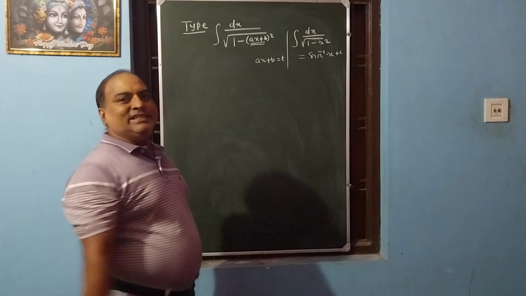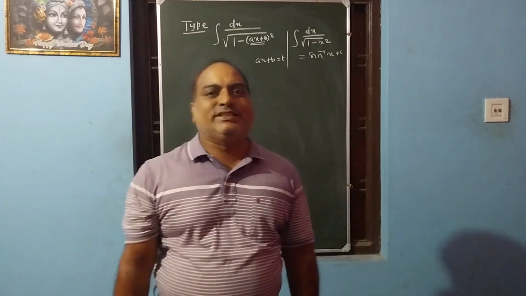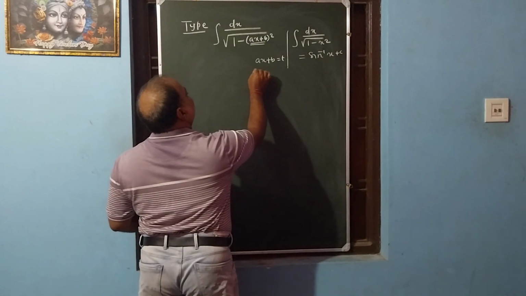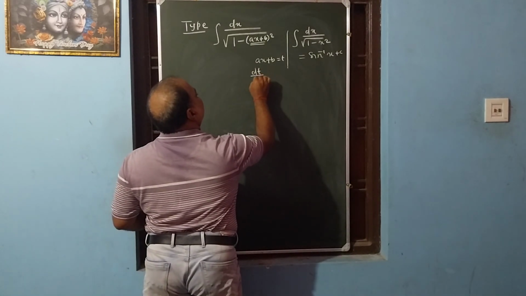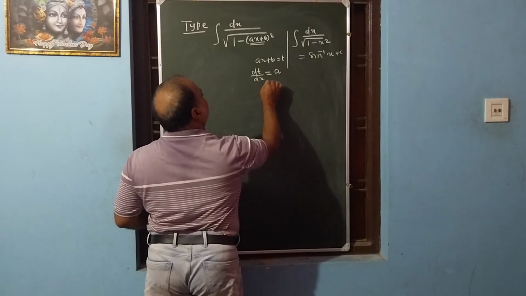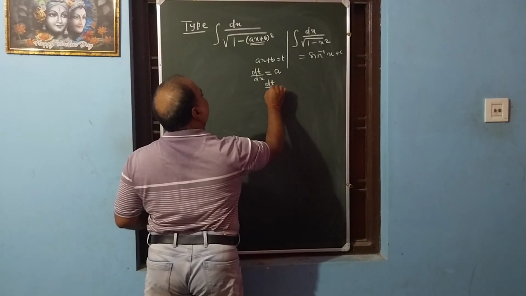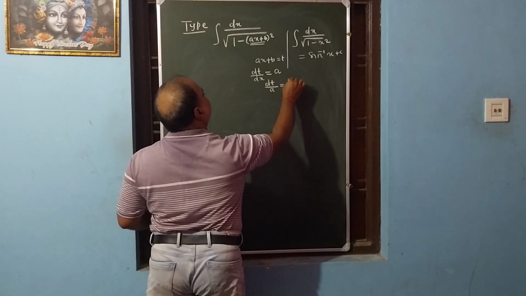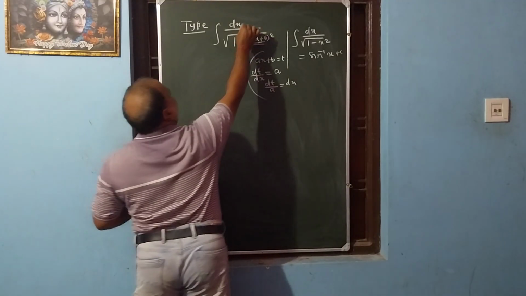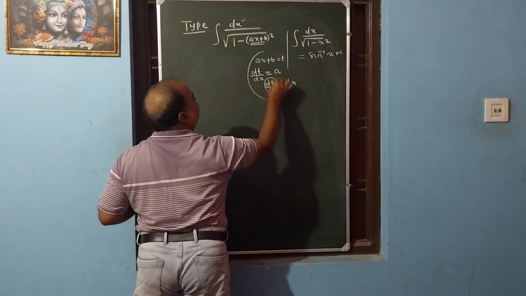Once you take that, you have to differentiate on both sides with respect to x. So we get dt by dx is equal to a. So dt by a is equal to dx.